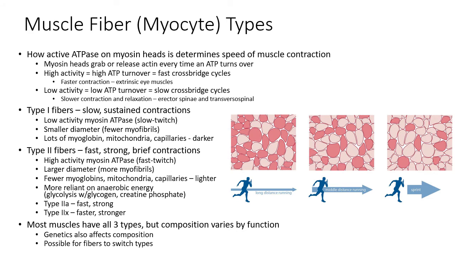One of the differences between those two types of cells is the ATPase on the myosin head. Each myosin head has an ATPase that is a part of the head that just lets it break ATP down into ADP and a free phosphate so that it can use the energy. So your myosin heads need to have an ATPase so that they can use ATP to let go of actin and to cock the head.